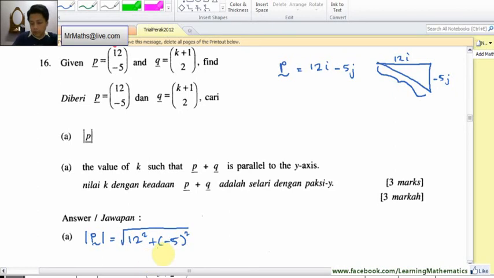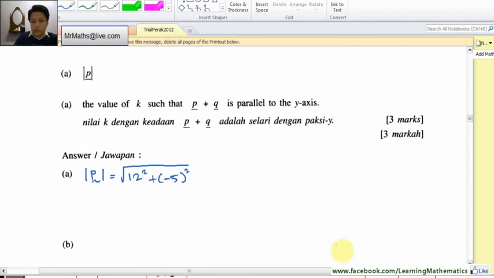Let's push down, and that is equal to 144 plus 25, which is the square root of 169. Then this is equal to 13.